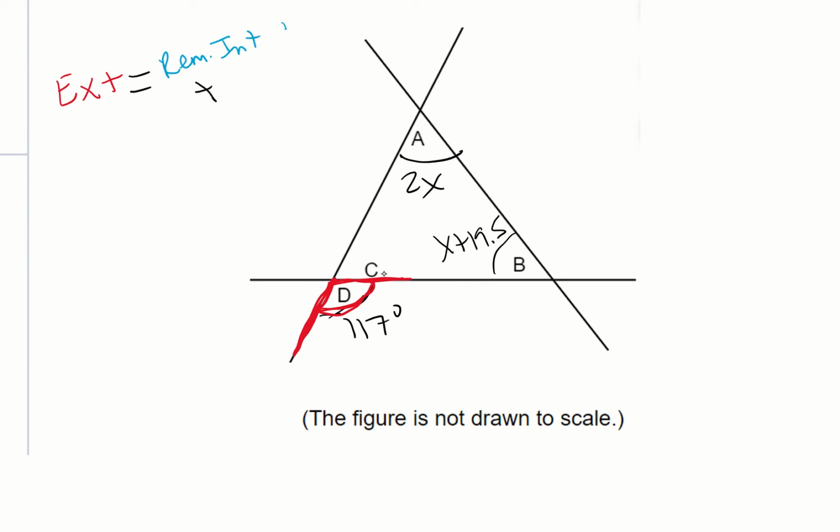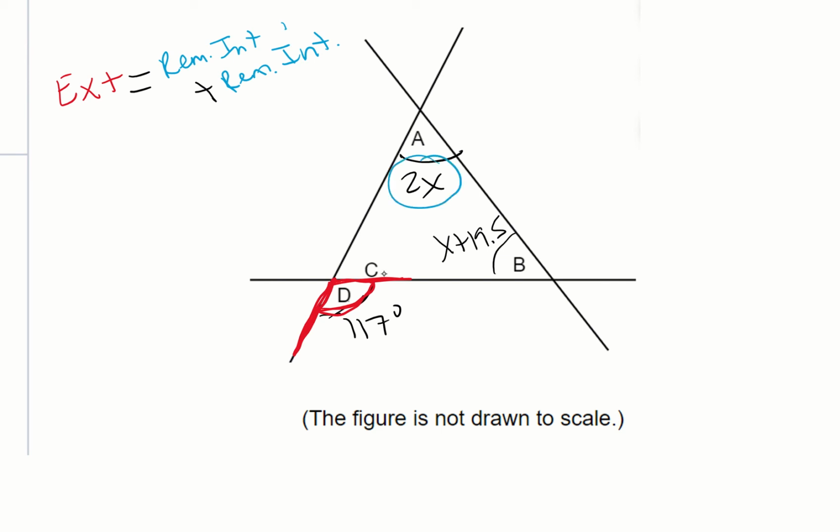So exterior is equal to remote interior plus remote interior. What are the remote interiors here? The remote interiors are the interior angles that are farthest away, opposite of this angle. So it's not going to be angle C, because angle C is not very far away from D. It's going to be these two, the farthest away inside the triangle.